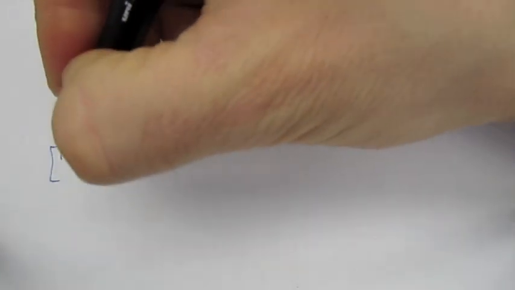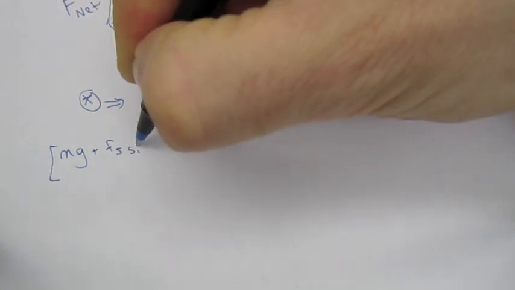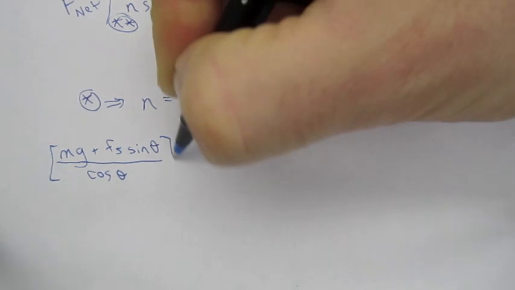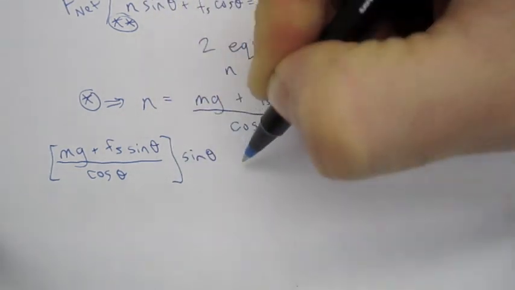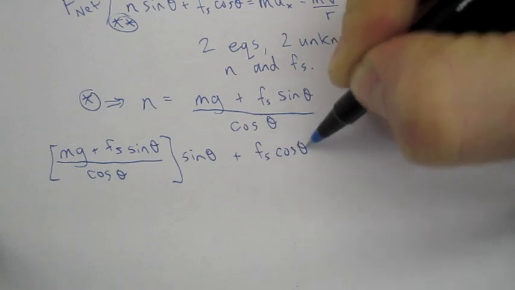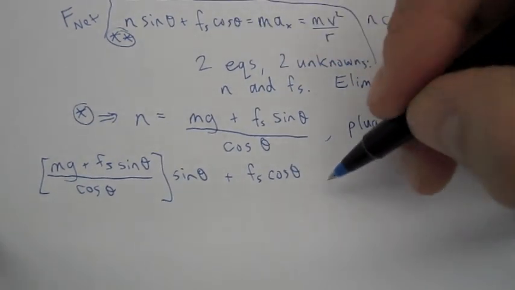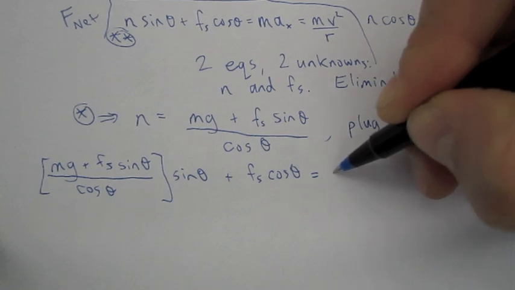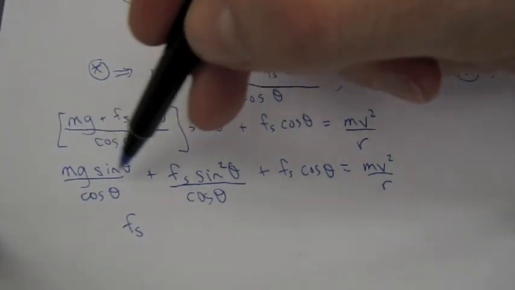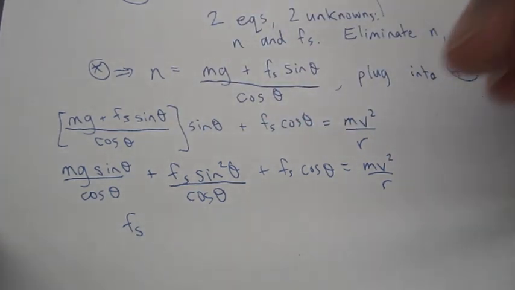So mg plus f sub s sine theta, all divided by cos theta, times sine theta plus f sub s cos theta, sorry, just writing that all down, equals m v squared over r. So at this point I'm going to multiply both sides by cosine theta.